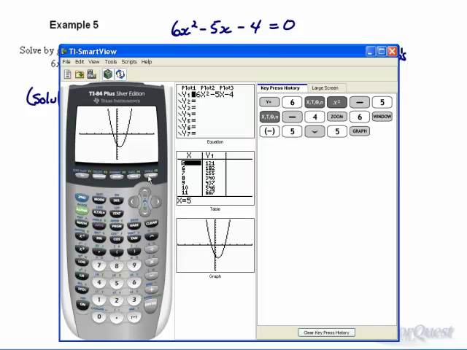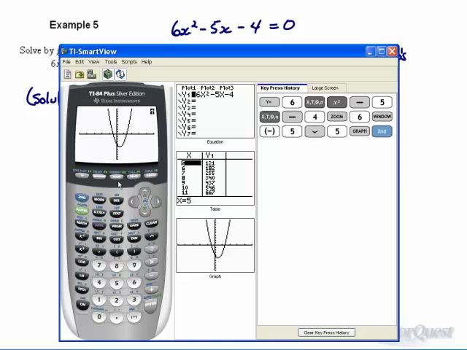Now there's a couple ways to find the zeros. Sometimes you can find them in your table of values if they're integers, but the easiest and most efficient way would be using the calculate feature. Notice where my cursor is, it's pointing at this trace button, but above it in blue is the calculate feature.